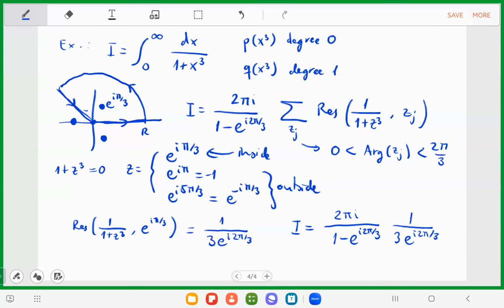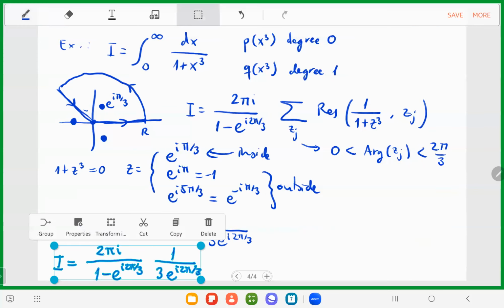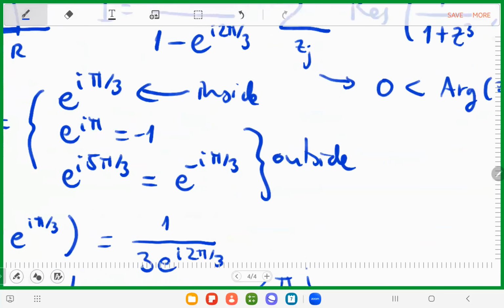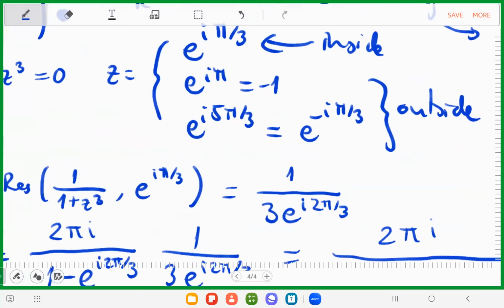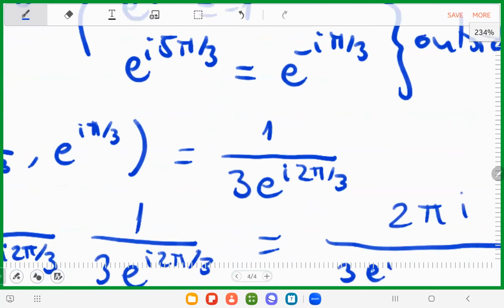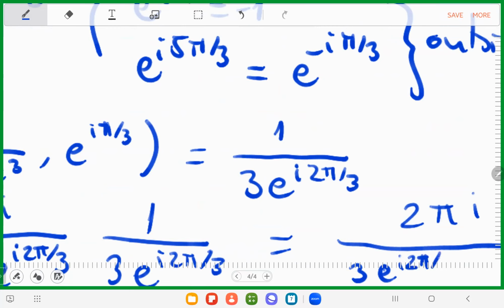How? Well, first you have to notice that the denominator is 3 e to the i 2 pi over 3.